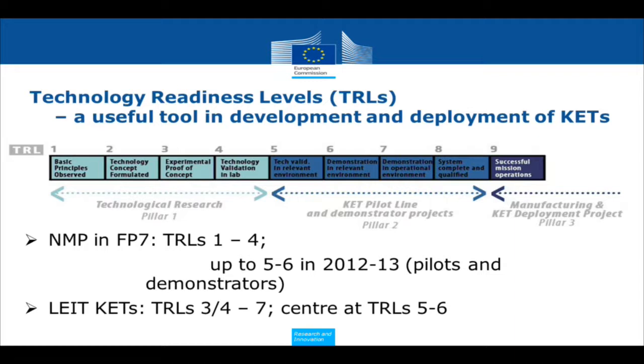There were some apparent inconsistencies in the first work program, for which we had a good explanation. For example, the open access pilot lines were at 100%. They were RIAs, even though they addressed high TRLs, because they were seen as an infrastructure. In the new work program, we are trying to be even more consistent than in the first one. Next slide, please.